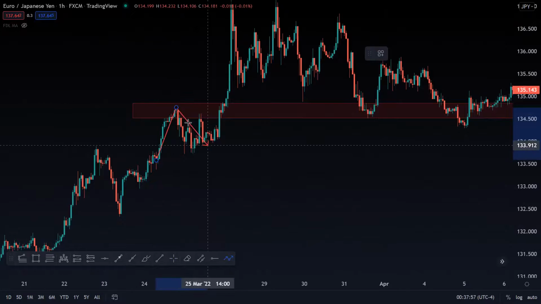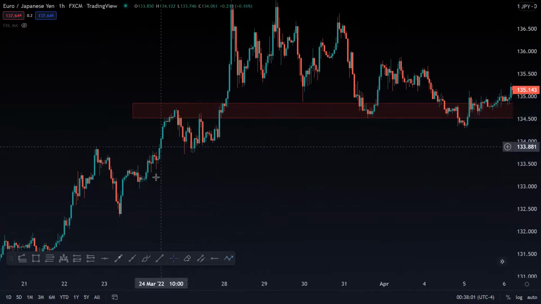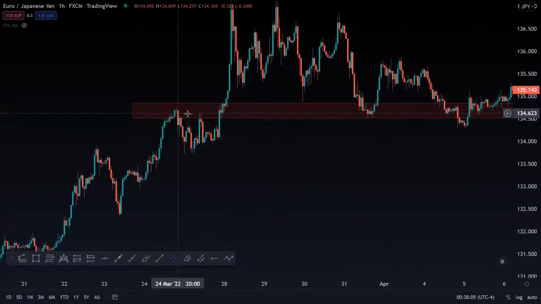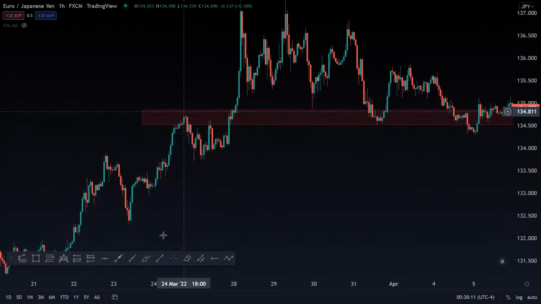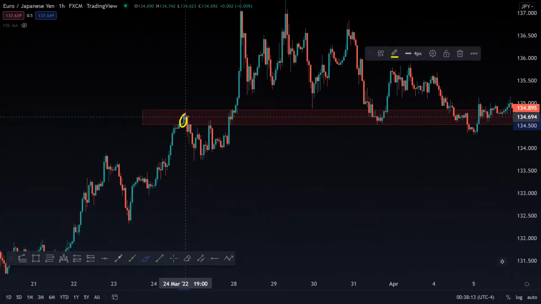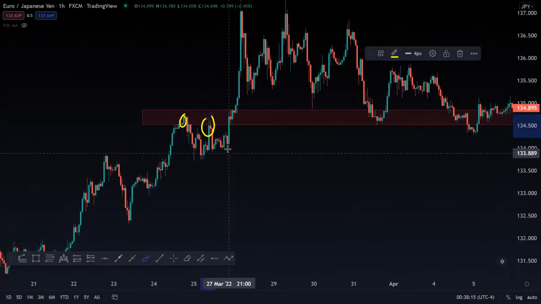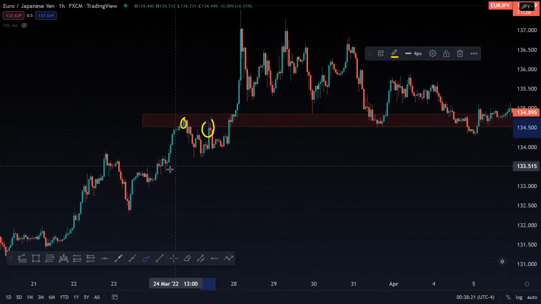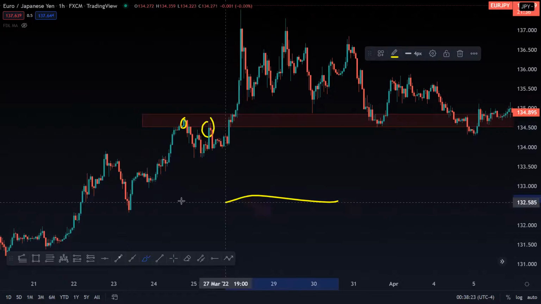On the lower time frame it's going to be easier for you to see it. We had this move to the upside, and as you can see, the price rejected this zone, so this was a resistance. Here was a resistance which saw rejection, and the price came here and broke above it, and now it is acting as a support, and actually it's working as a strong support right now.